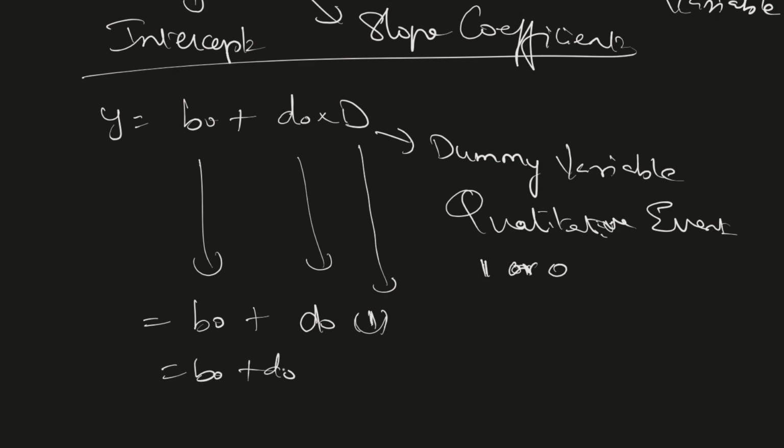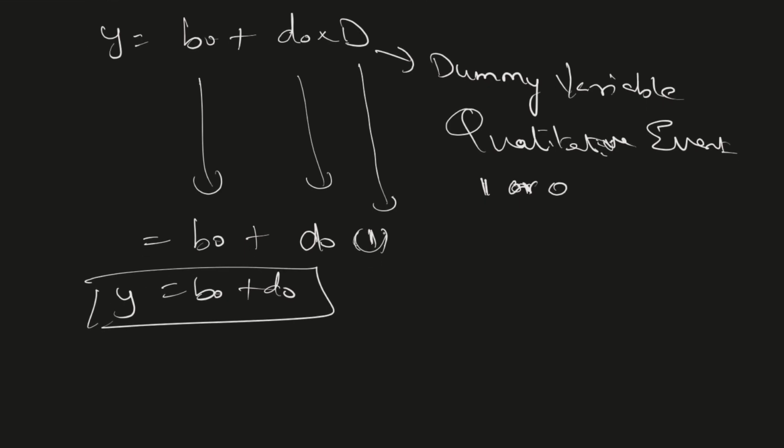The average sales of the company has gone up because of the presence of the new license. This is called intercept dummy, where the intercept value has gone up because of the presence of the dummy variable, or the qualitative event.